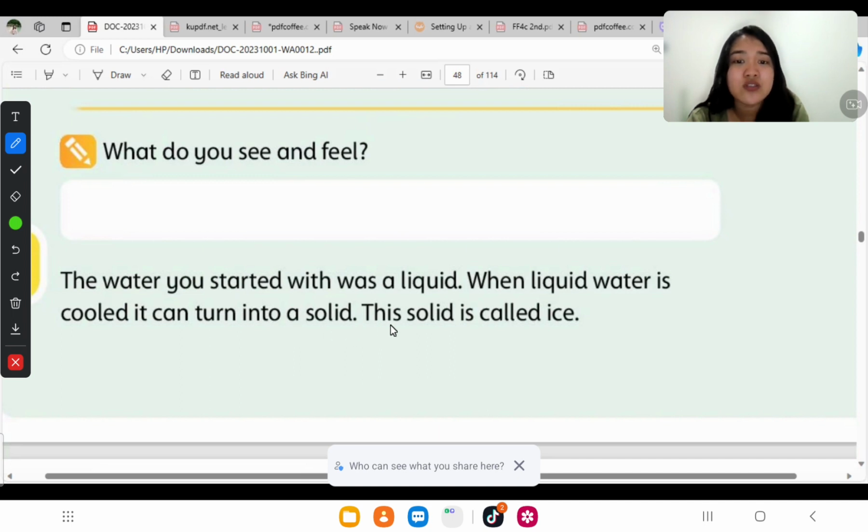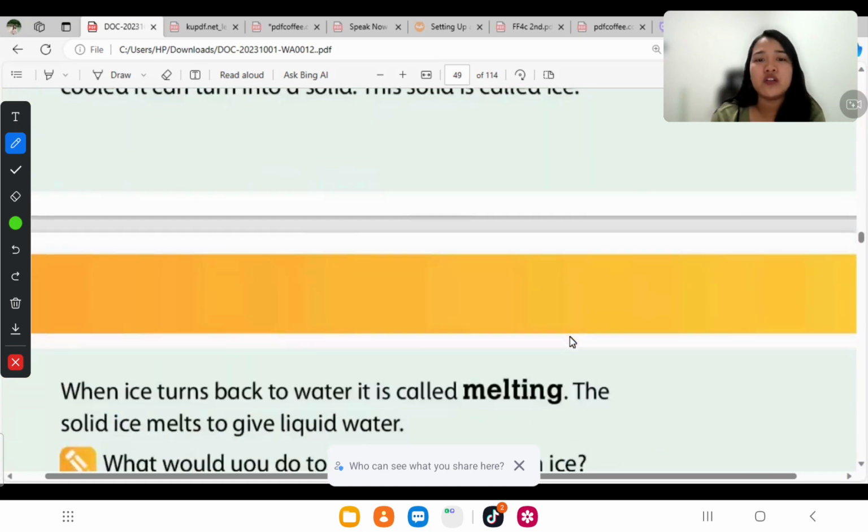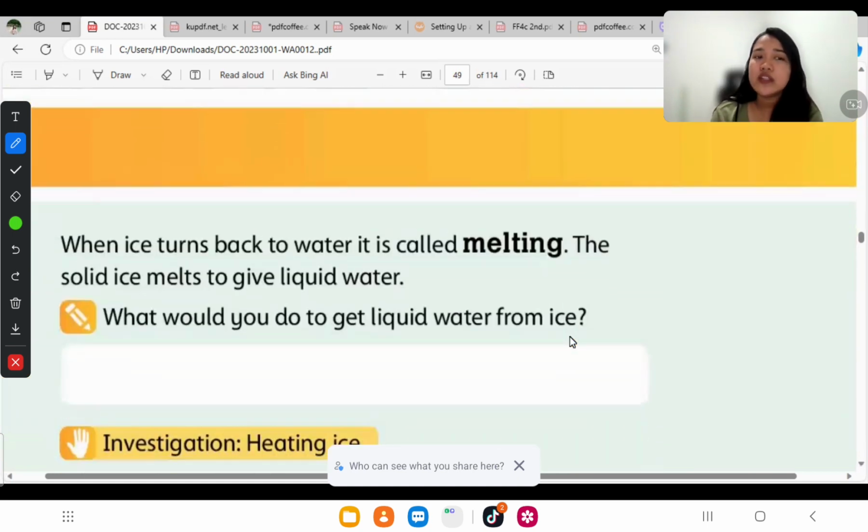This solid is called ice. From water to ice. So that's how we can change the shape by cooling, putting it into a low temperature. Now when it turns back to water, this is called melting.